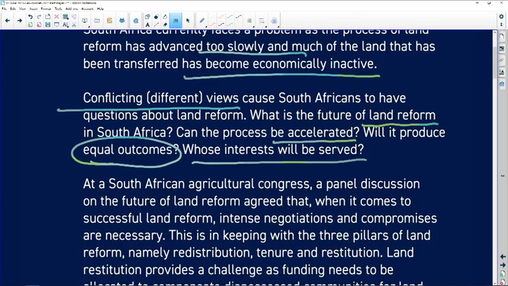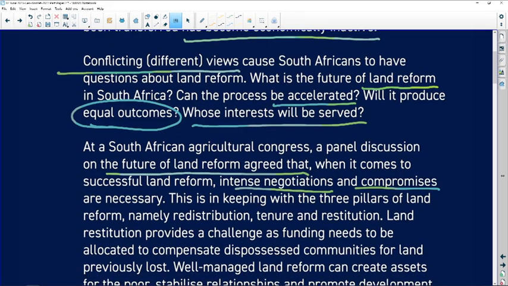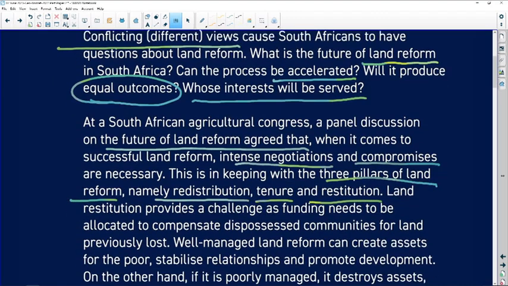If you look at our next paragraph, at the South African Agricultural Congress, there's a panel who discuss the future of land reform that's agreed upon. Once again, when there's an agreement taking place, there are going to be negotiations, and there need to be compromises. If you look at the three pillars of land reform, there's the redistribution, tenure, and restitution of the land.